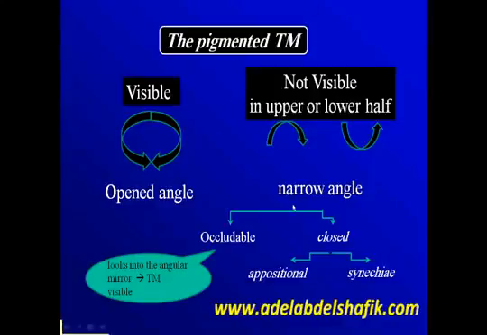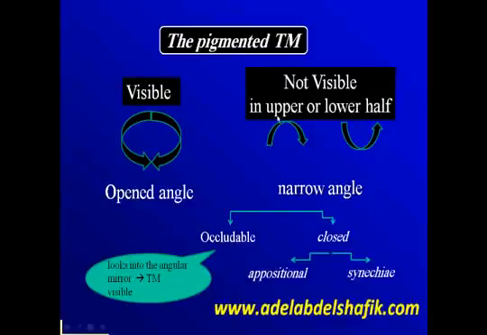The difference between occludable and apposition: in the occludable, you get the iris very close to the cornea, but you get some space in between, and the aqueous can pass. But in apposition, you get the iris in contact with the trabecular meshwork. Synechiae is an actual peripheral anterior synechia.